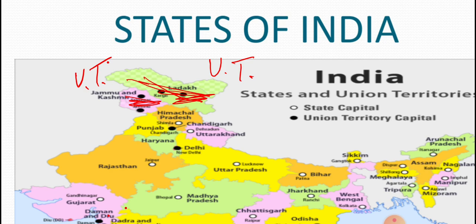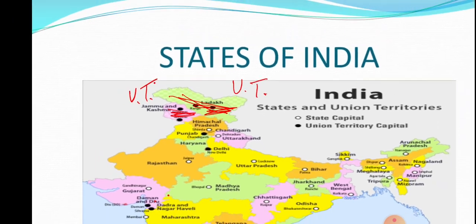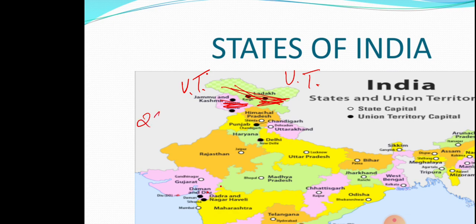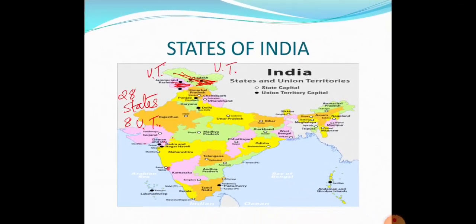So we have now, in your textbook, there are 29 states and 6 union territories. You have to now make it 28 states, Delhi is the state capital, and 8 union territories. Now you'll have to modify your textbook. Let's say Gujarat government will take, I think, 10 years to modify the textbook, but you should know everything.